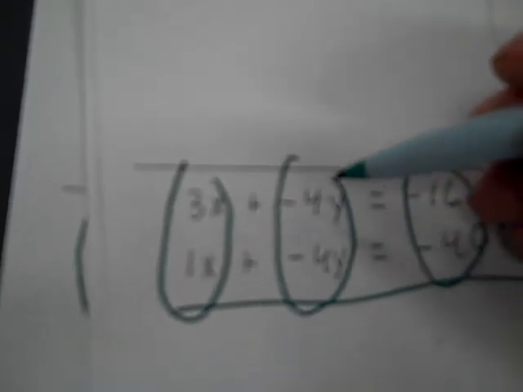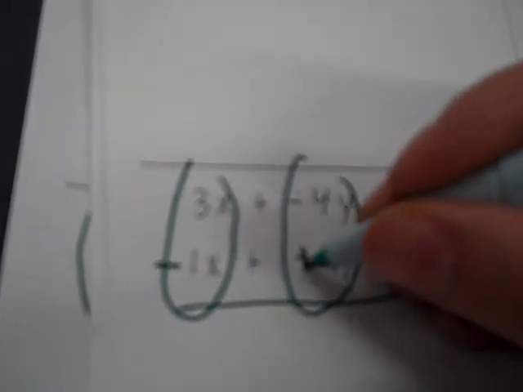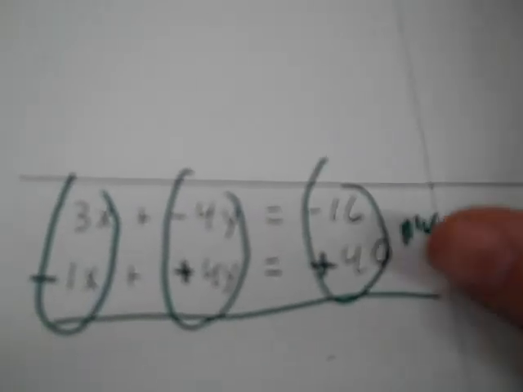Because I do have the same number in front of the y, okay? And when I do have the same number in front of either x or y, I can do my sign switch. So the positive 1 goes negative. The negative 4 becomes positive 4. And the negative 40 becomes positive 40. Now, 3 plus negative 1 is 2, not 0.